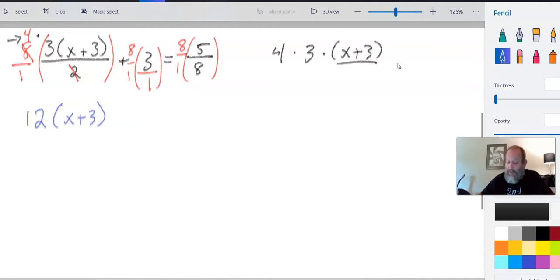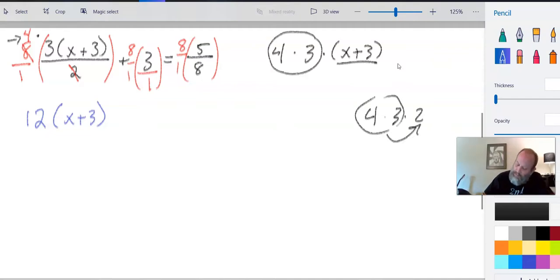I'm not going to worry about this addition at this moment. If instead of x plus 3 it was just a 2, I had 4 times 3 times 2, I would multiply the 4 times 3 first and then multiply the 2. That's what we're doing here. I'm multiplying the 4 times 3 first and then multiplying it by this. So the 4 times 3 gives me this 12. Hopefully that answered your question.